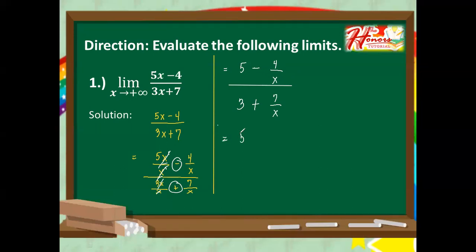So it will become 5 minus 0 over 3 plus 0. Simplify it: 5 minus 0 is 5, 3 plus 0 is 3. So the answer here is 5 over 3. And that's it for number 1.